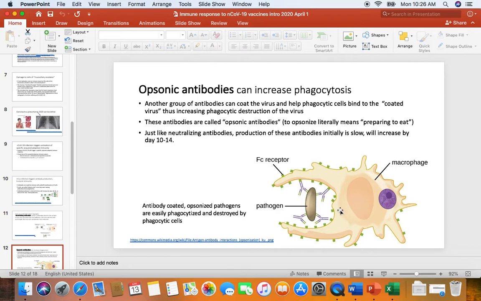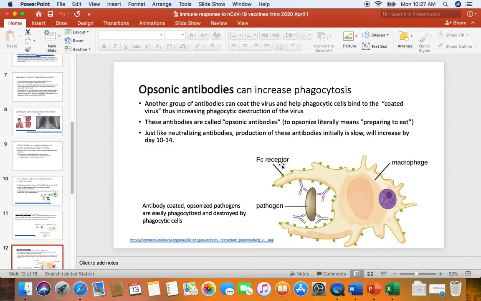Well, it turns out that our phagocytic cells have to have adhesins that bind to specific molecules on the surface of the pathogen. And if they don't have, maybe adhesins isn't the right term, maybe receptors, yeah.